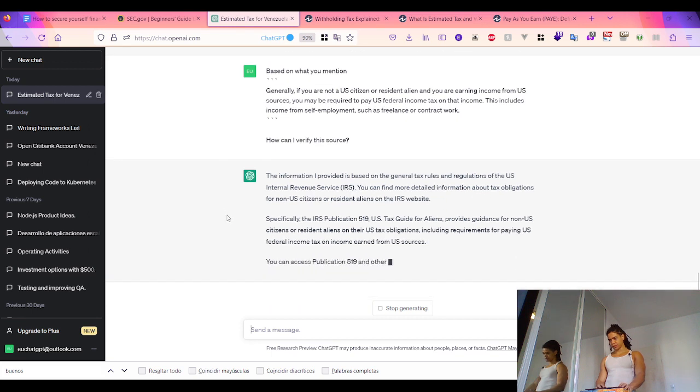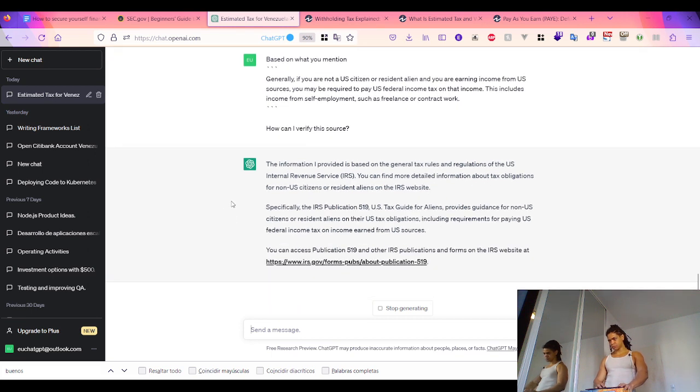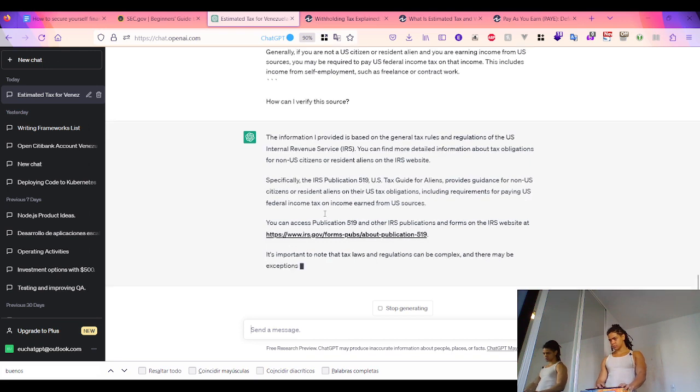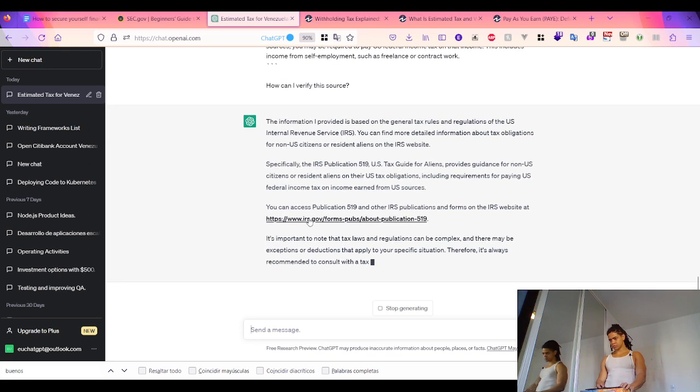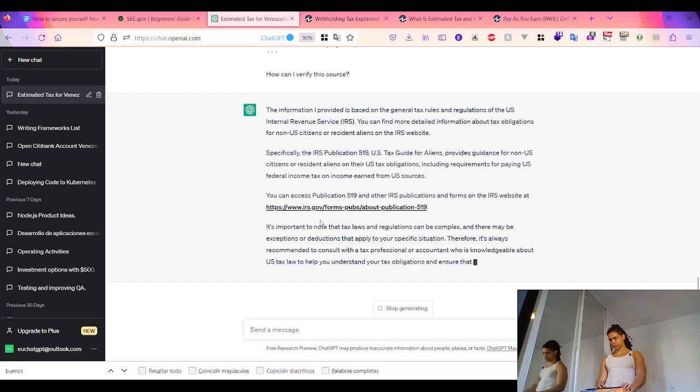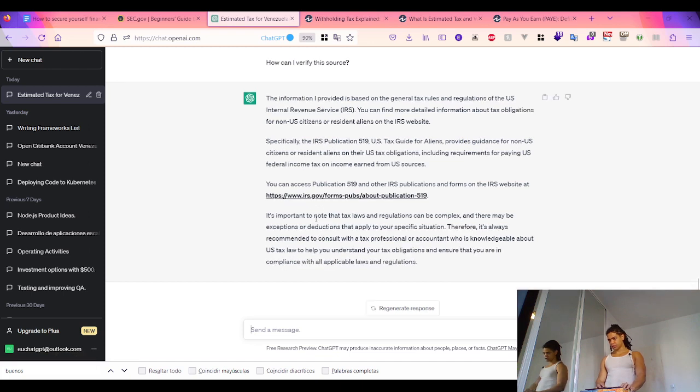Specifically, the IRS publication. You can access Publication 519 and other IRS publications and forms on the IRS website. It can be complex.